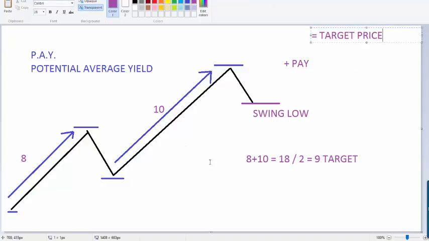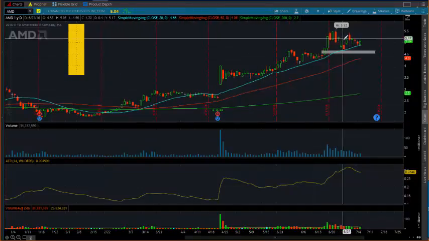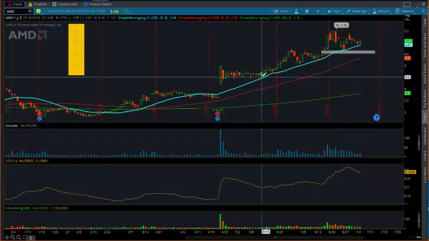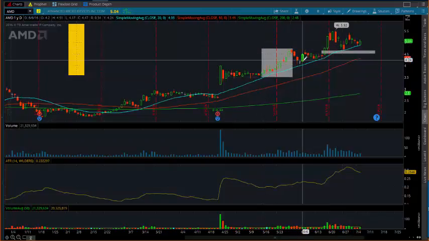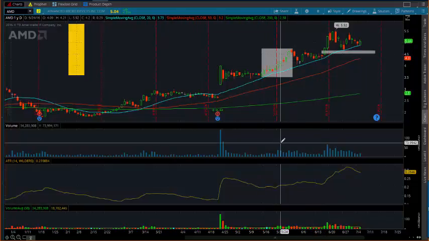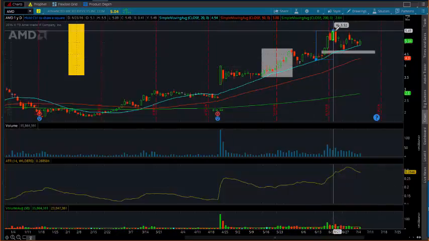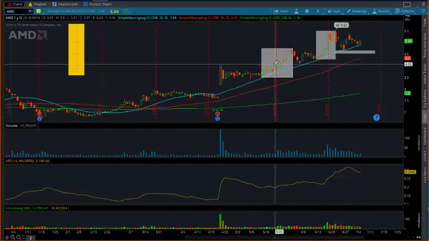So let's do this with AMD. If we're looking at AMD, the swing low is 4.65. The pay expectation, well, you have this range, and to be a swing range, it's got to be more than 2 candles in the same direction. So we're looking at this range as well.